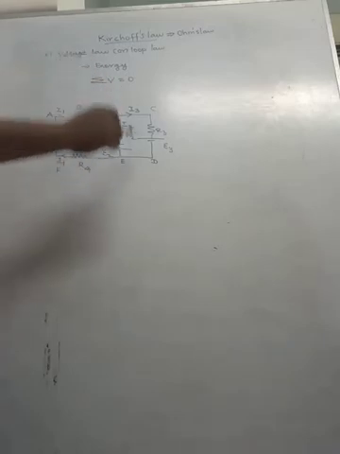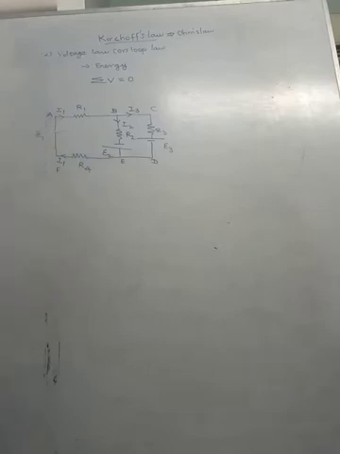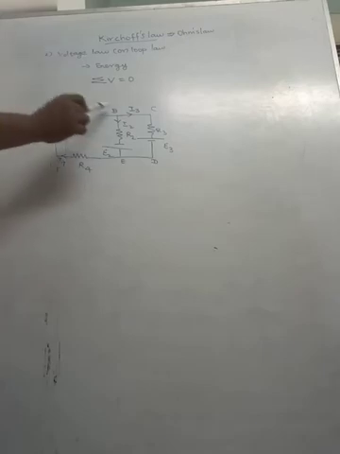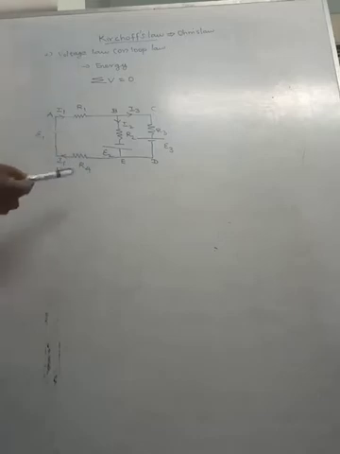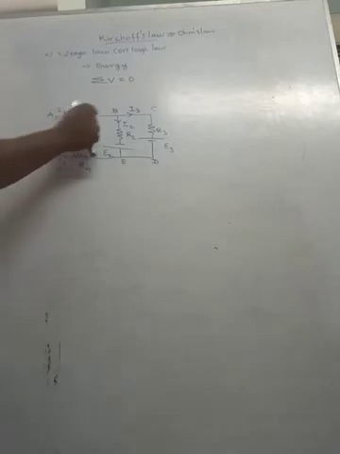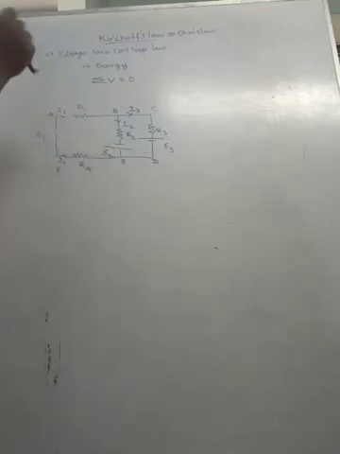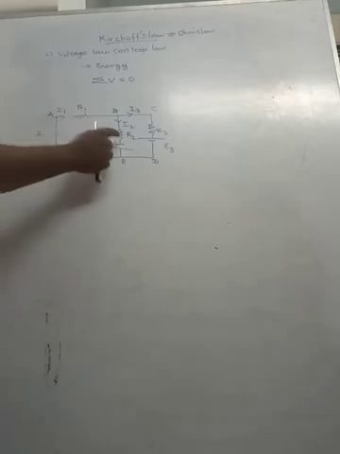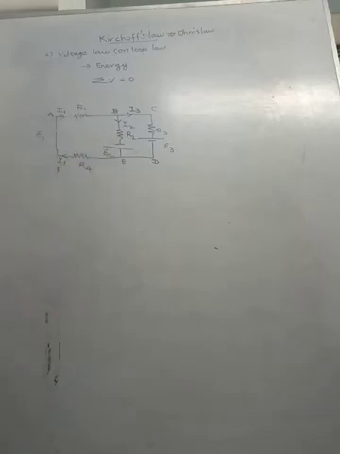In that loop, the algebraic sum of the product of current and resistance in the closed loop is equal to the algebraic sum of the net EMF in that circuit. Clearly listen here, the algebraic sum of the product of current and resistance in that loop is equal to the algebraic sum of the EMF in that particular loop.